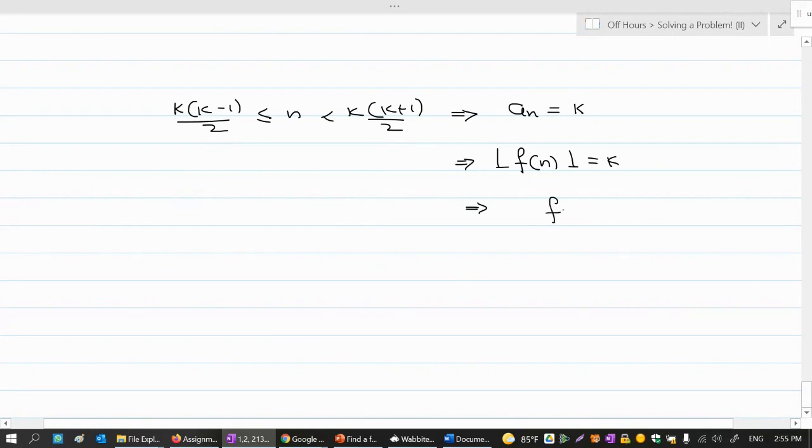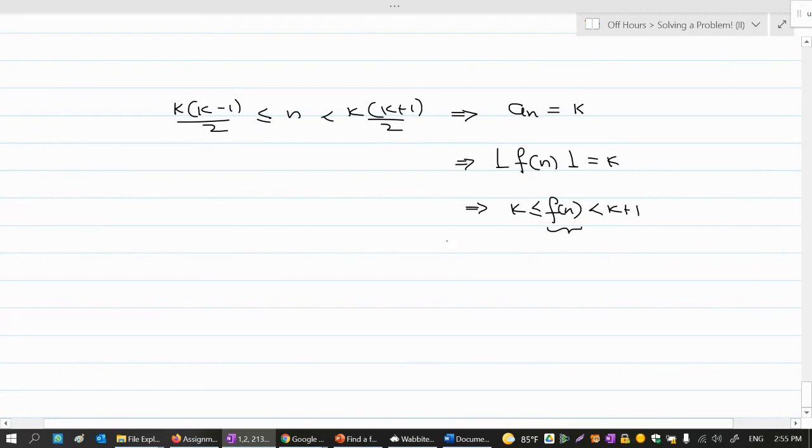That f of n is greater than or equal to k and less than k plus 1. So basically, to get the corresponding formula for that sequence, we have to find an expression for f of n. That's basically what we need to find here.